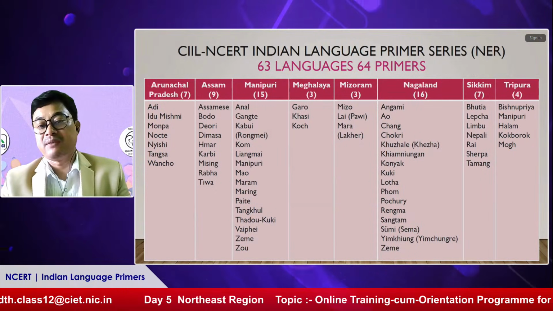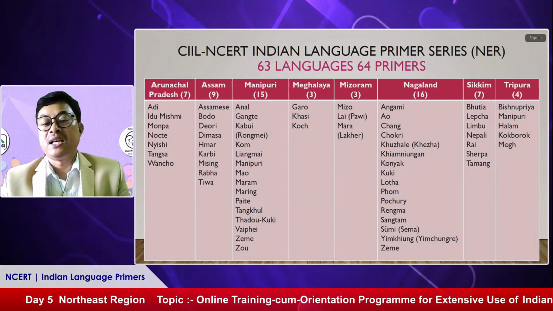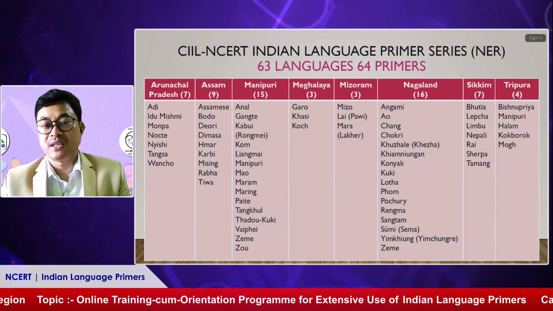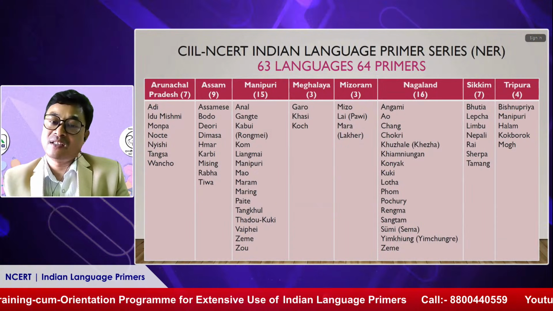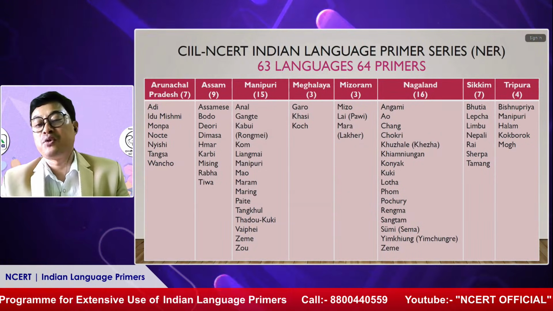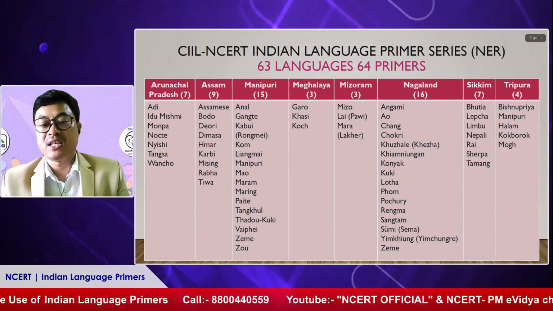From Nagaland we have 16 languages: Angami, Ao, Chang, Chokri, Kujale, then Khiamnungan. Kujale is not there in the Census of India report. It is written as Kheza, but again, as in case of Poi and Lakher, they like the name Kujale. Then we have Khiamnungan, then Konyak.